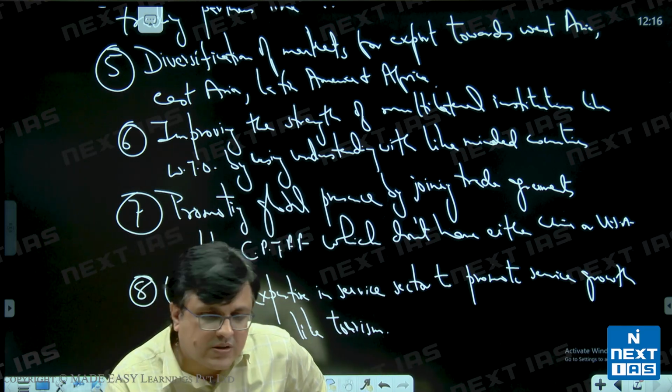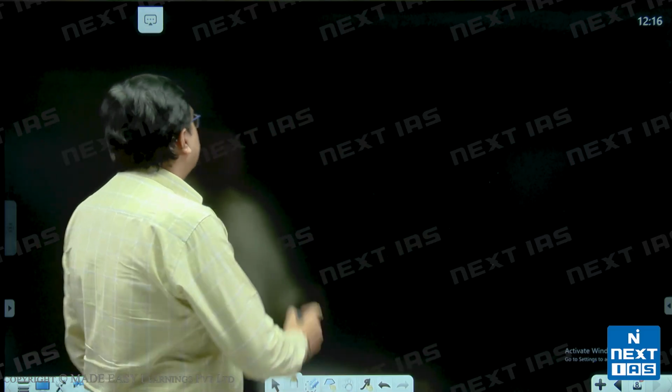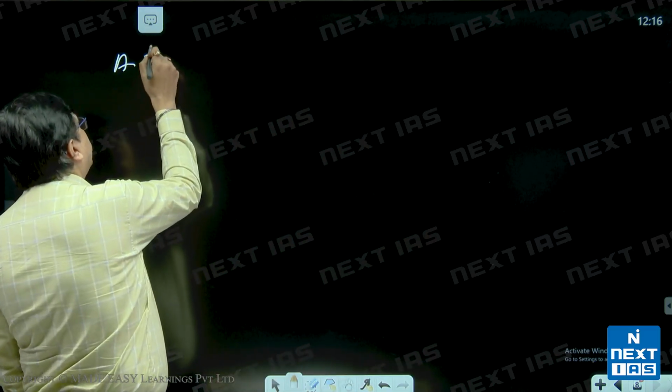Now you can introduce such a thing with a data point if you have read the Economic Survey or gone through the Ministry of Agriculture's website. The data point is this. You can introduce it like that. Answer 3.